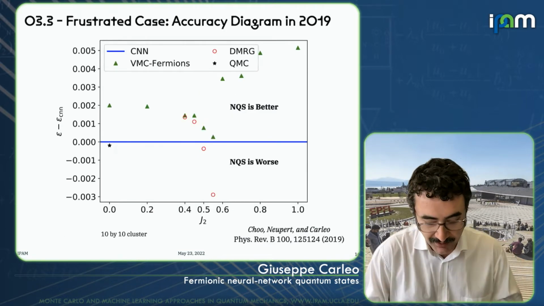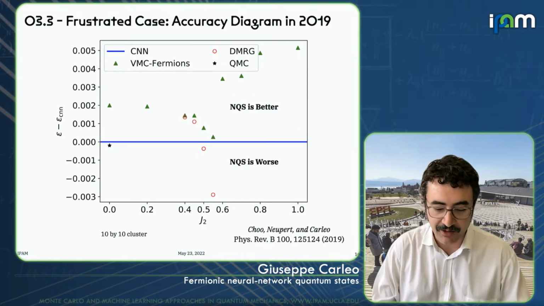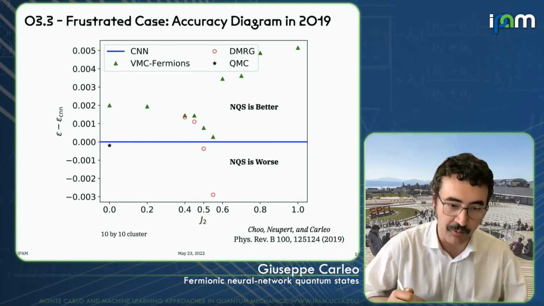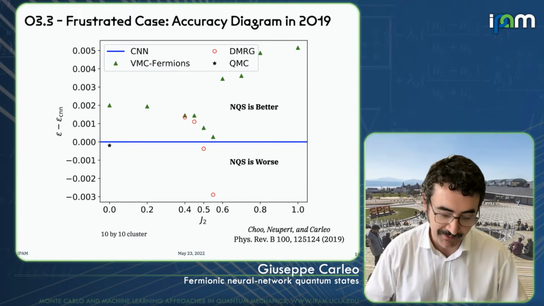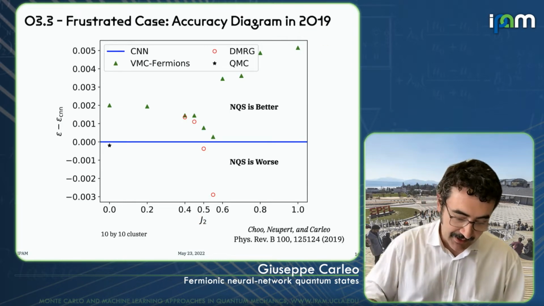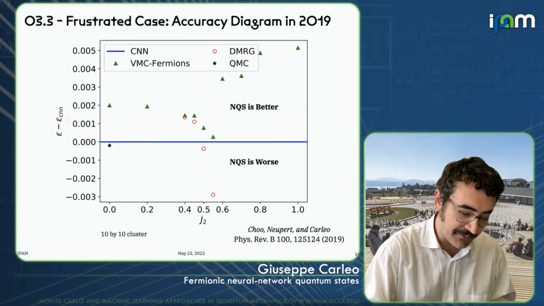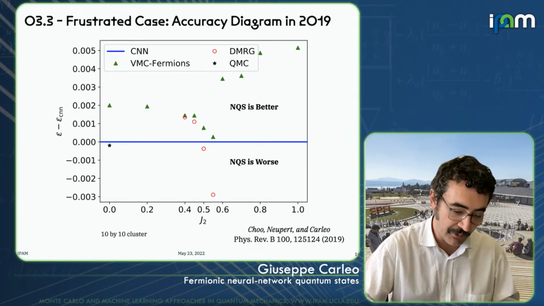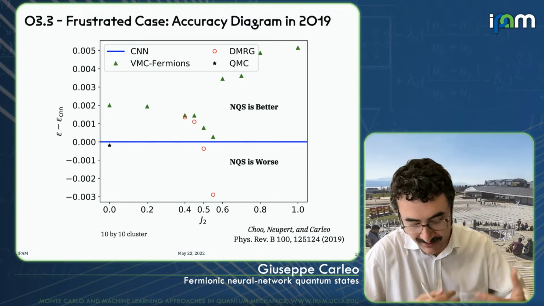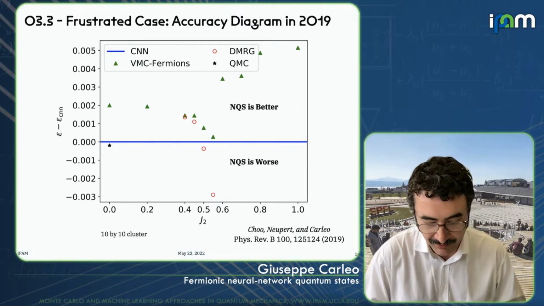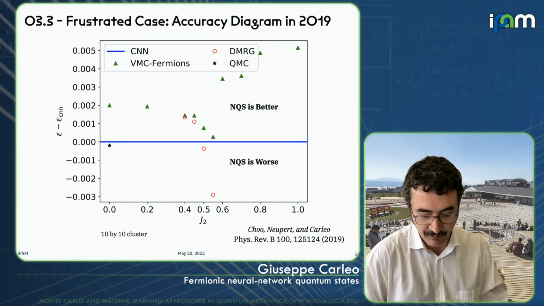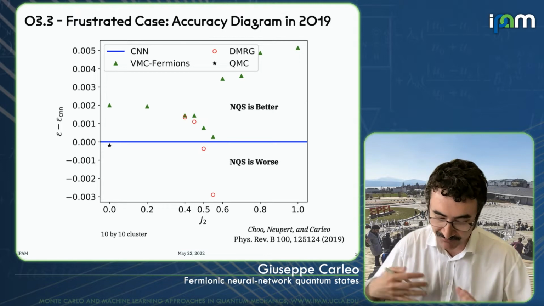The situation on the frustrated case, in the case when you add a J2 term, where you turn on the sign problem, if you want, around 2019 was this one. Here I'm showing the difference in energy between the convolutional neural network results that we obtained with a fairly deep, but not so deep neural network in 2019, and other variational methods that were available at the time as a reference.